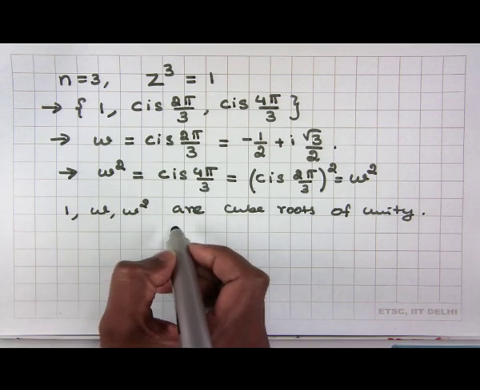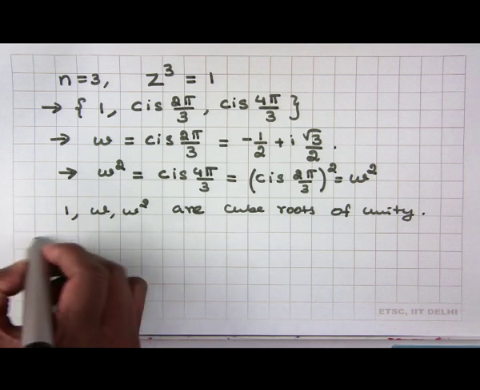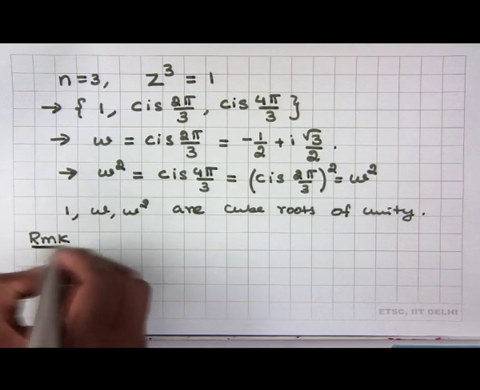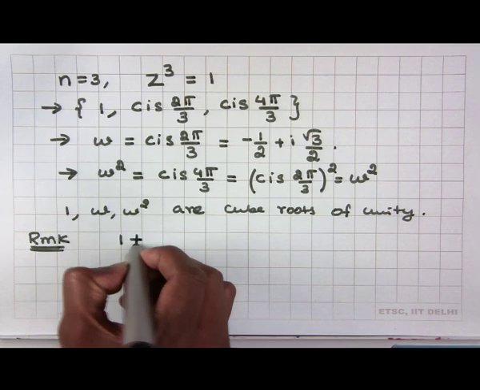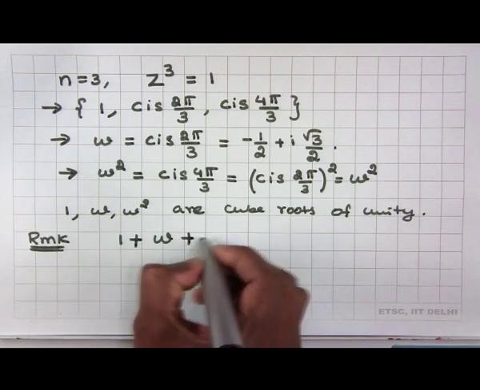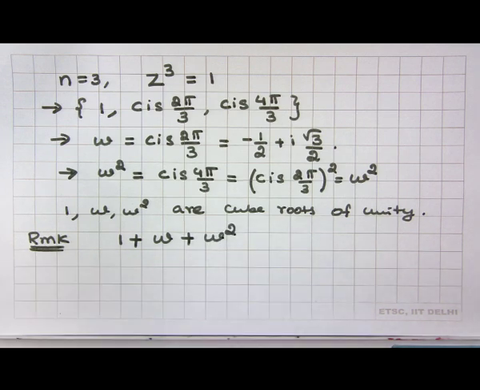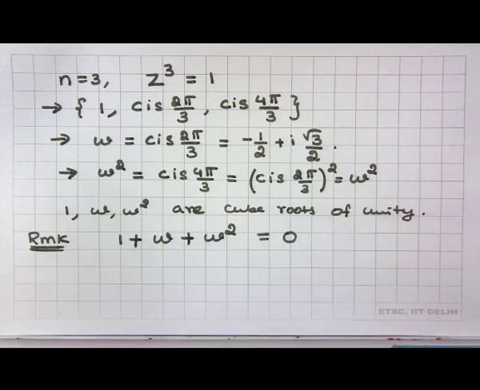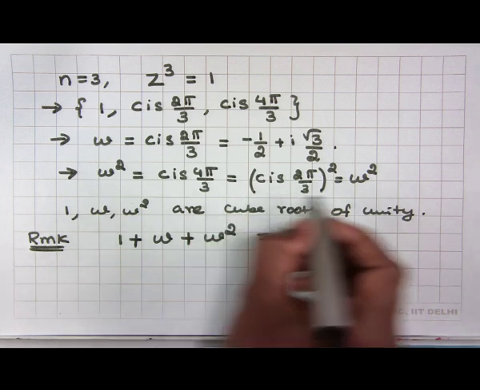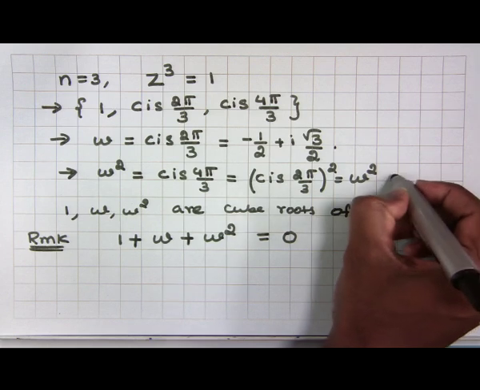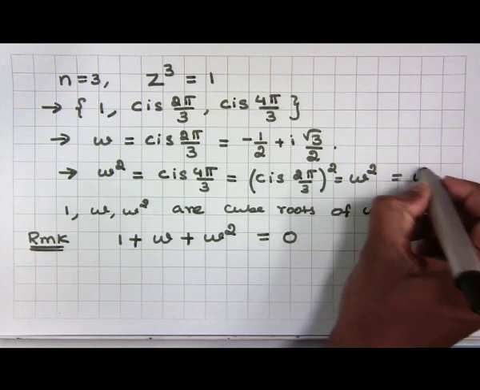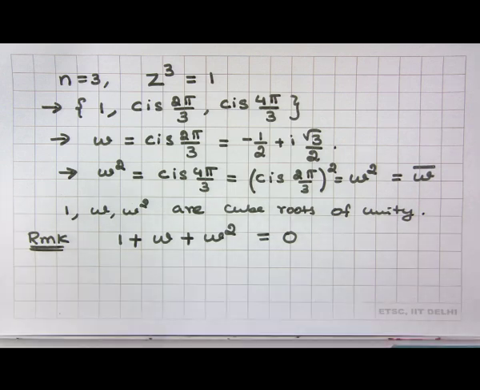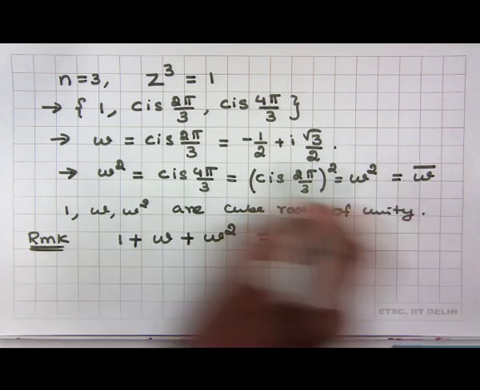Very easily we can see that 1 plus omega plus omega square is 0, because you can also observe that omega square is nothing but omega conjugate.